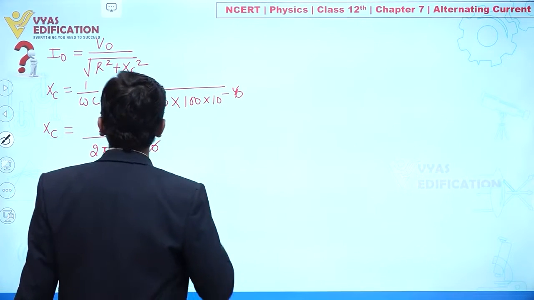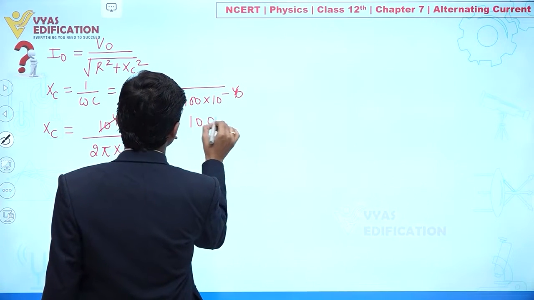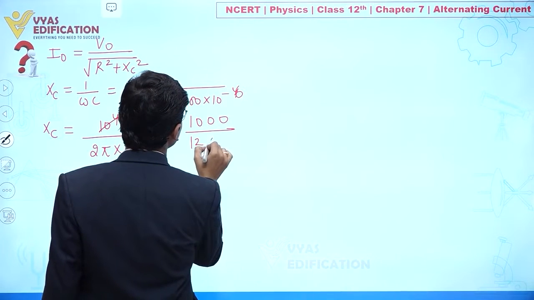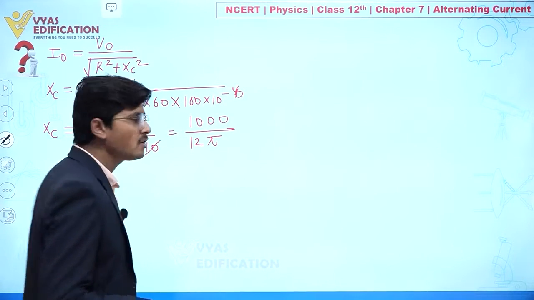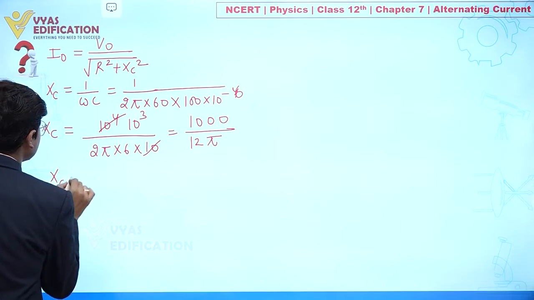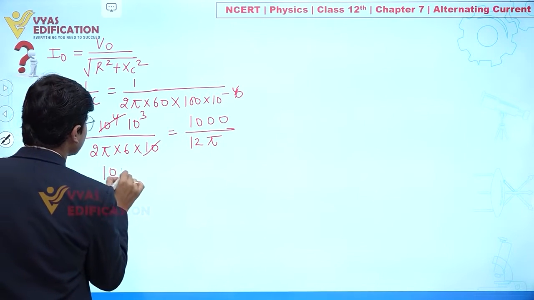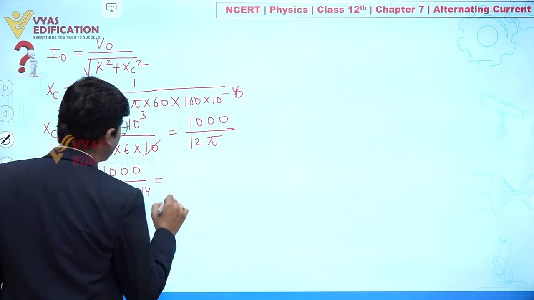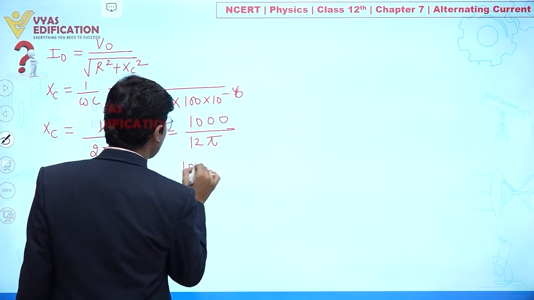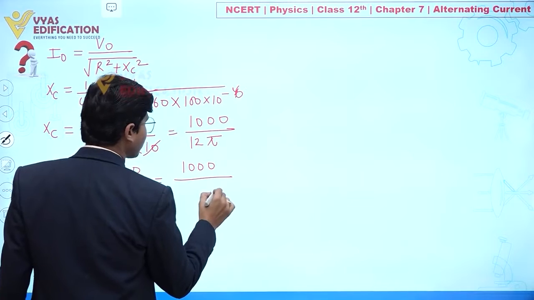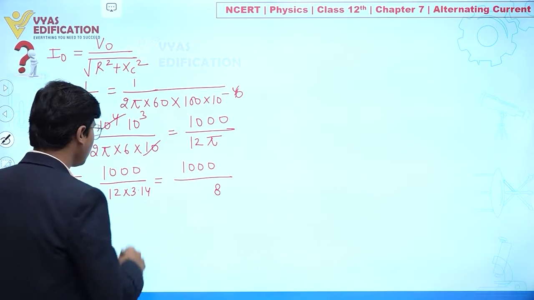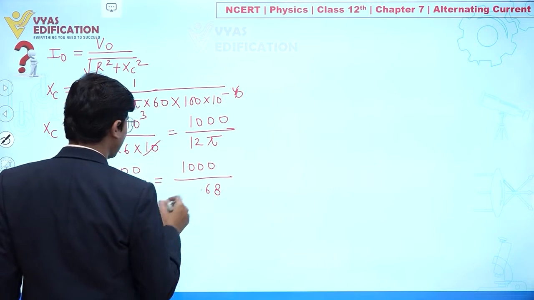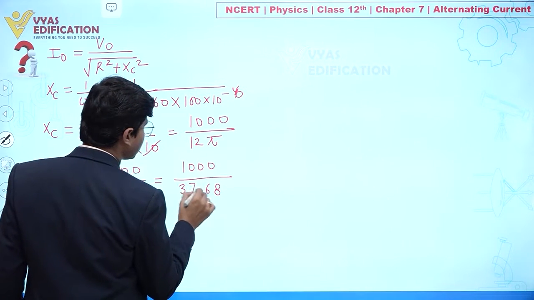We can write this as 1000 divided by 12 pi, which is 1000 divided by 12 multiplied by 3.14, and near about we are getting 38.